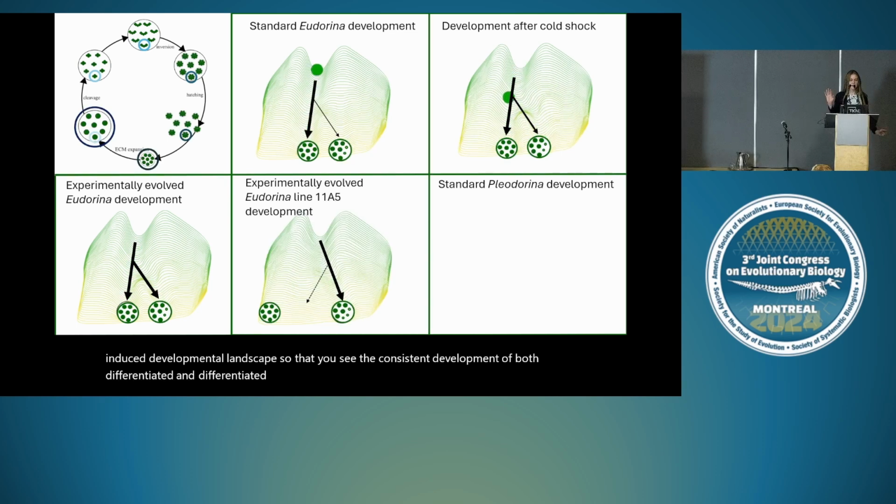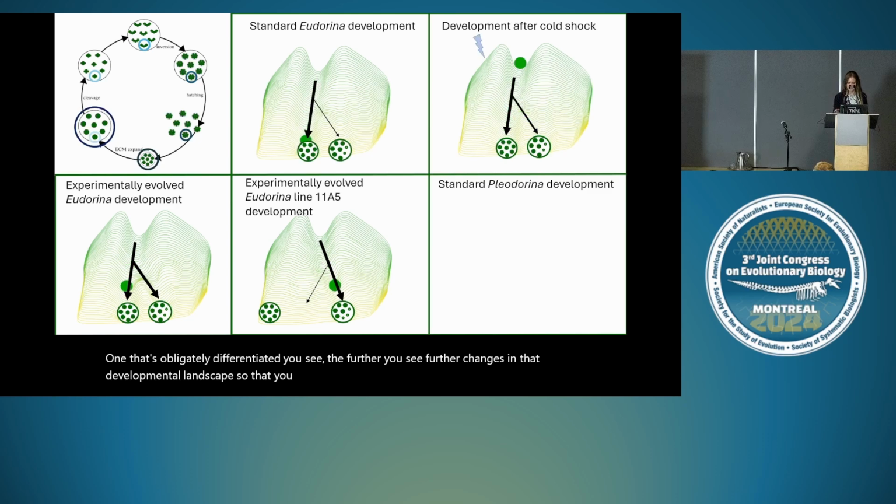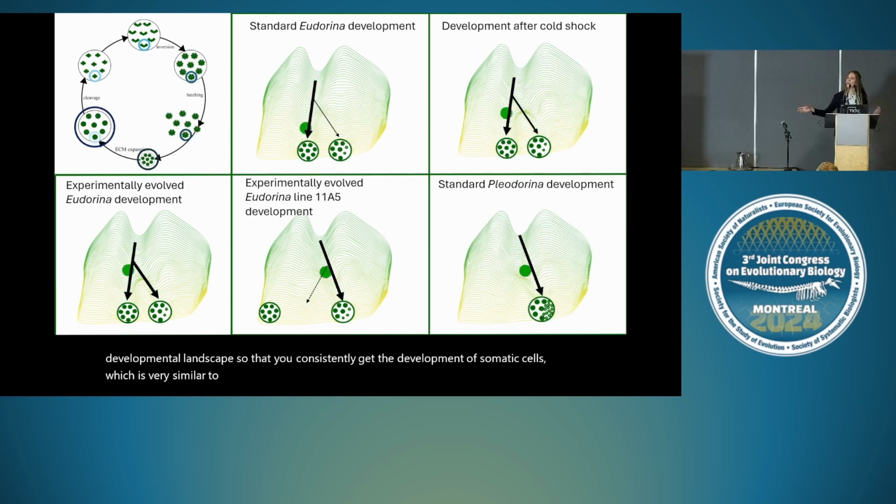And in line 11A5, the one that's obligately differentiated, you see further changes in that developmental landscape so that you consistently get the development of somatic cells, which is very similar to the developmental pathways that obligately differentiated species like Pleodorina might develop along.